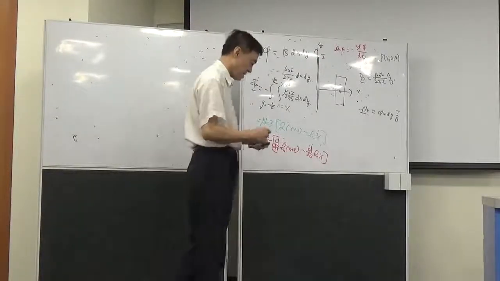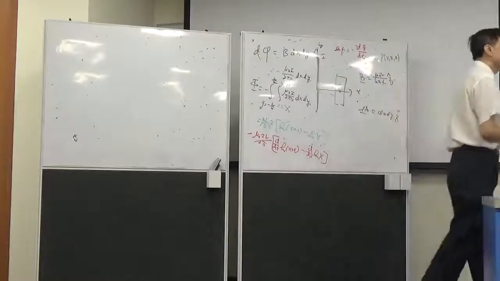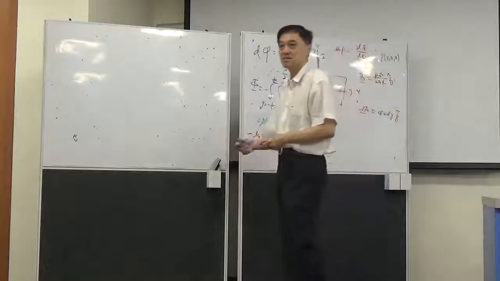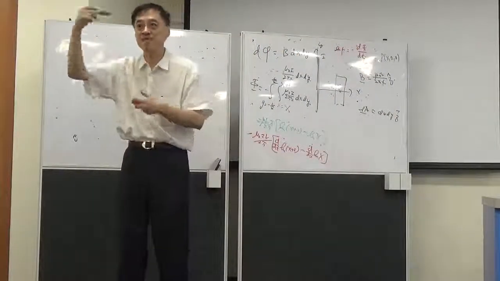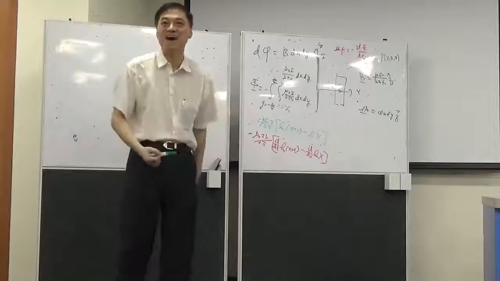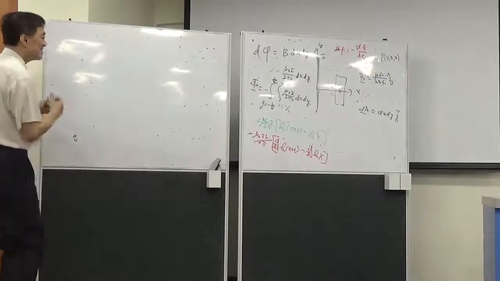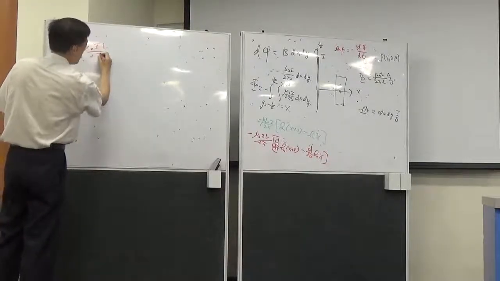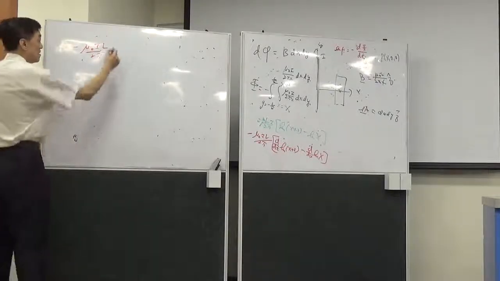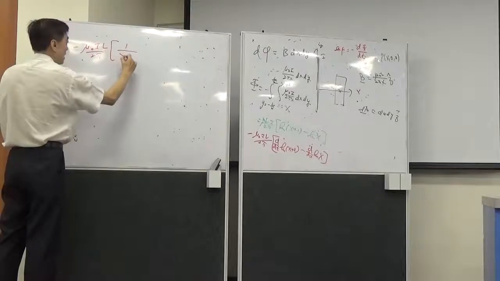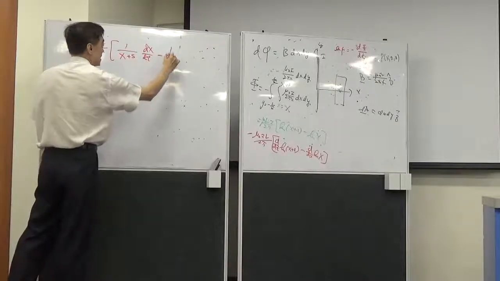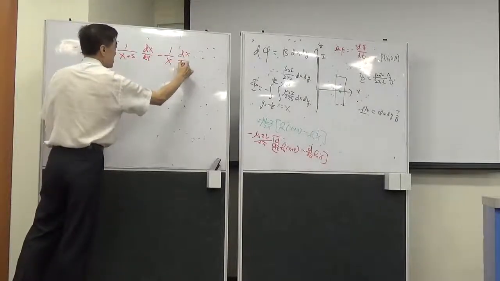Do you know how to differentiate log? Integrate 1 over r becomes log, so differentiate log becomes 1 over r. Correct or not? So this becomes minus mu naught I L over 2 pi, times dx/dt over (x plus s) minus dx/dt over x.